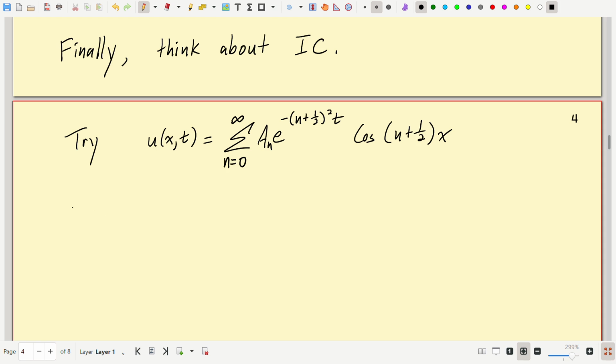And so the initial condition now is u of x at time 0. Those e to the t's would all be 1, and so that's going to look kind of like a Fourier series. This is going to pin down the coefficients.